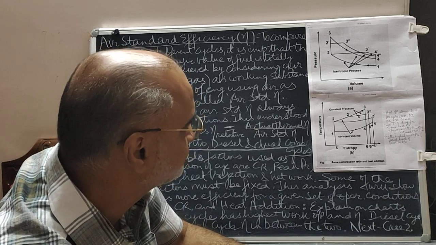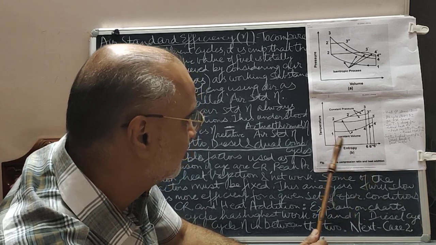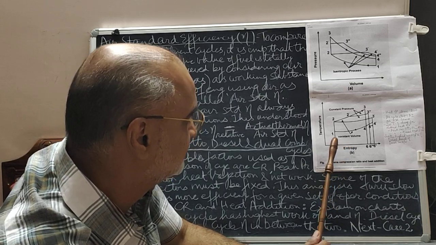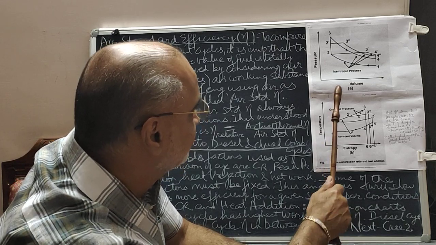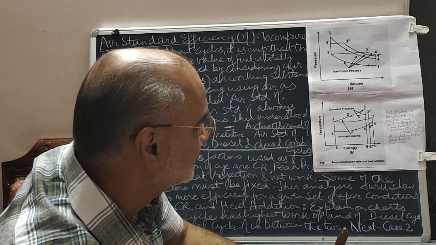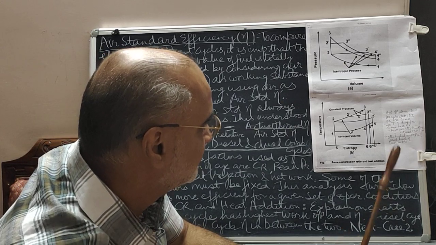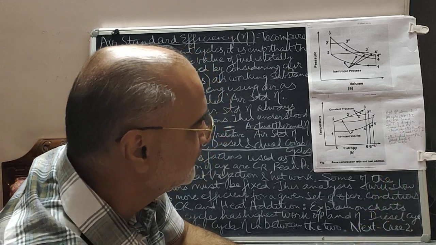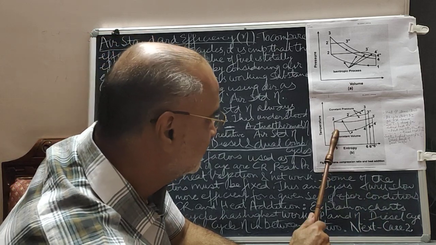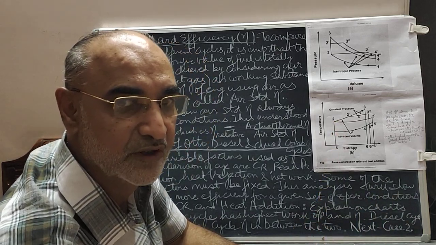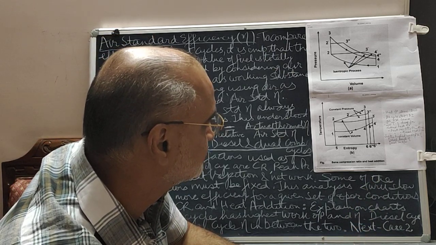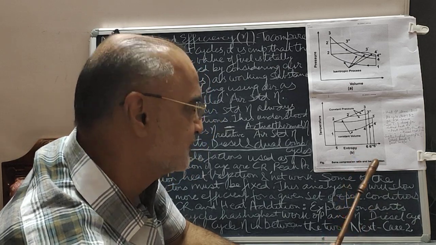Next we see that all the cycles start from 1 to 2, as the CR is the same. This 1 to 2 is common for all the three cycles, that is the Otto, diesel and dual combustion, because the CR is the same.